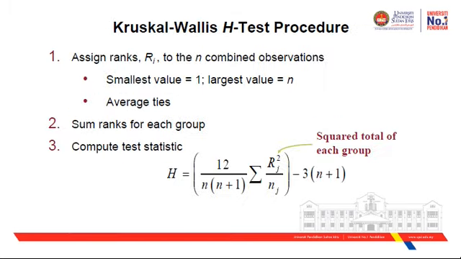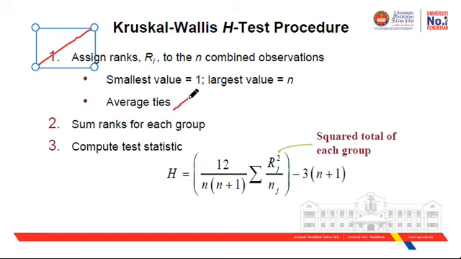These are the steps to carry out this test. First, assign ranks to the whole data, even though there are a minimum of 3 categories or groups. You consider all the data and rank the whole data, and as usual, average the ties.